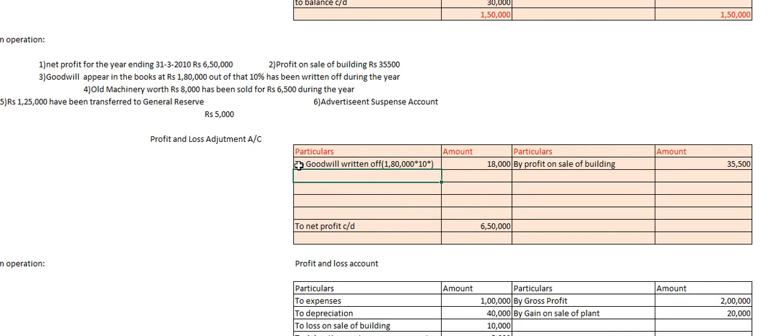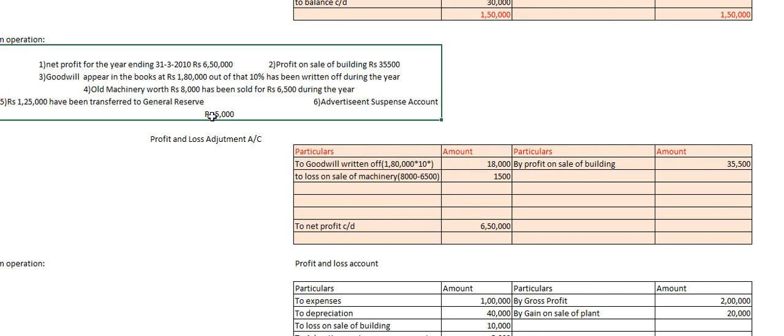So if there is a loss on sale of any long-term asset, you will debit it. So to loss on sale of machinery, 8,000 minus 6,500. So you get the amount to be 1,500.